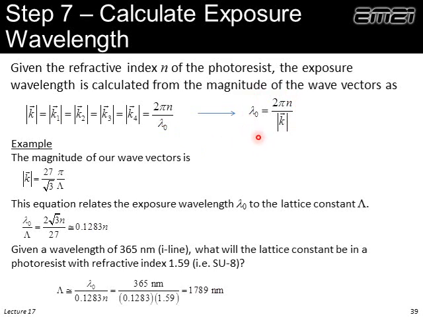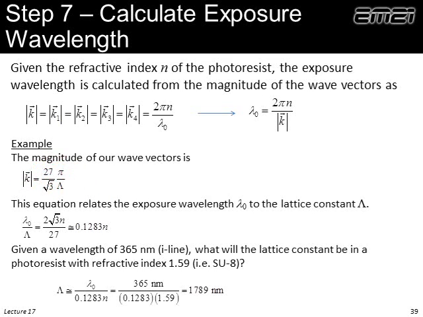So this really is the equation where everything comes from. It relates our free space wavelength, the magnitude of our wave vector, and the refractive index of the material, and that's what we'll use. Now from the previous slide, we found that the magnitude of our wave vectors relative to the lattice spacing is this.